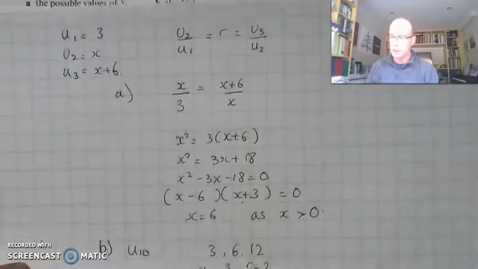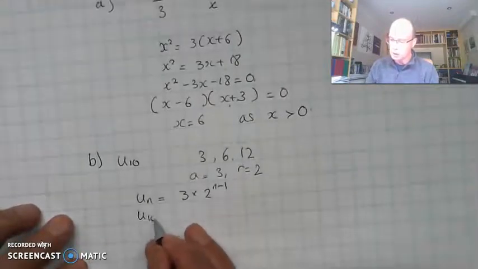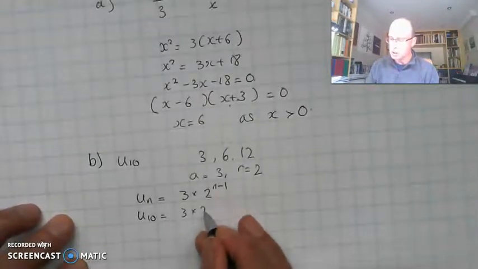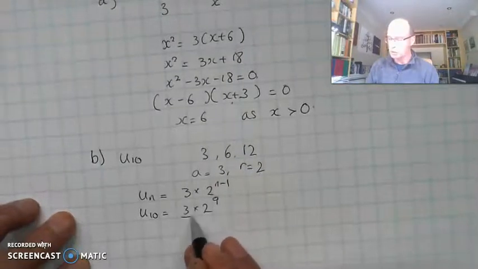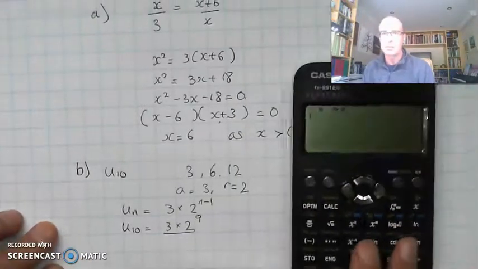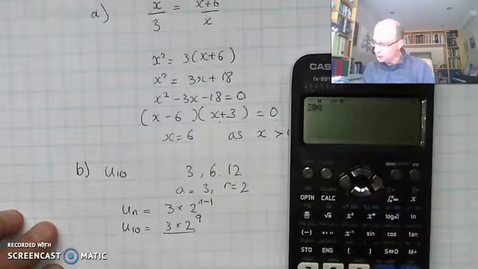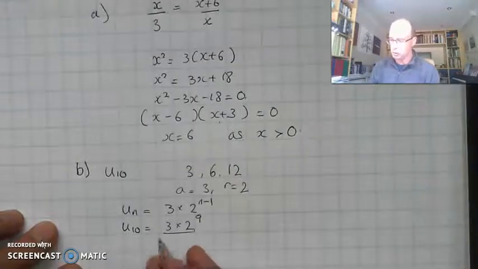And we're looking for the 10th term in the sequence, so u10. u10 is equal to 3 times 2 to the power of 10 minus 1, which is 9. So 3 times 2 to the 9. Let's go for the calculator. 3 times 2 to the power 9 is equal to 1536.